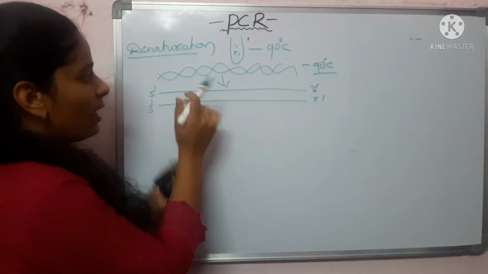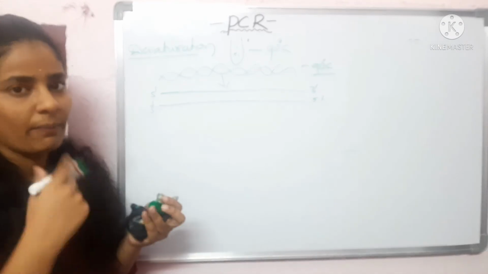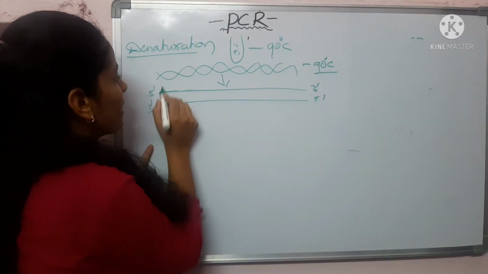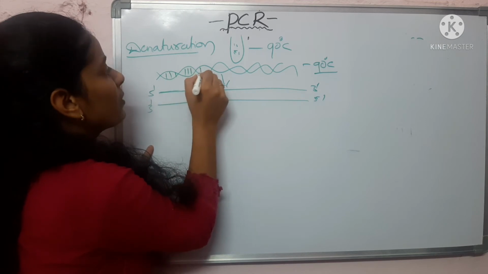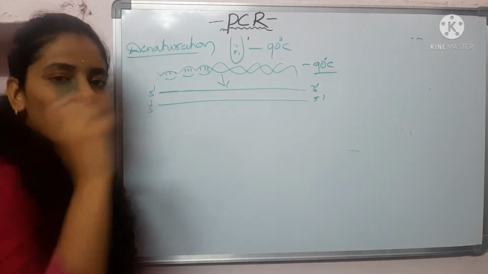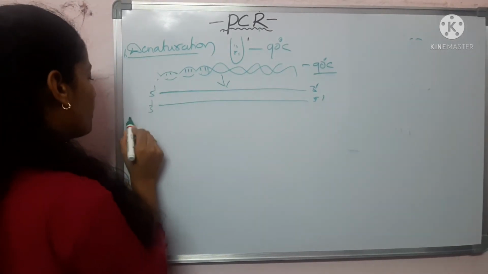By using this single stranded DNA template, we produce many copies of DNA. How? By breaking the hydrogen bonds, double stranded DNA breaks into single stranded. In the next step, we have the annealing process.